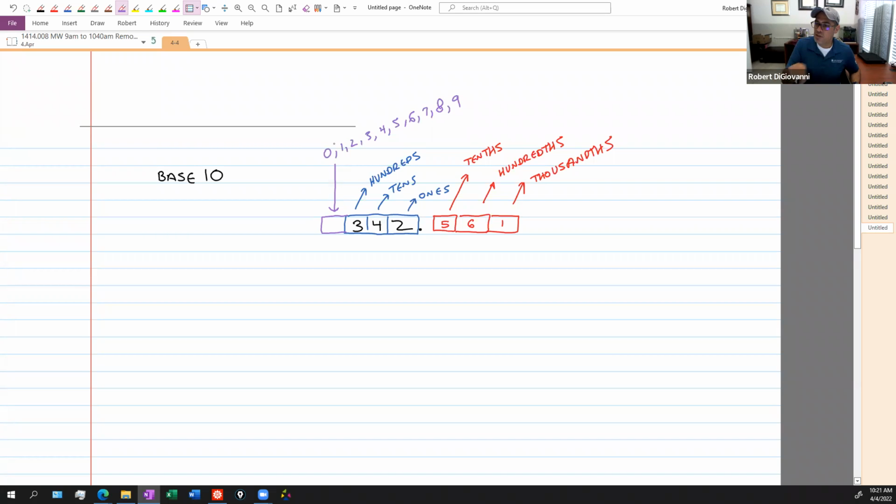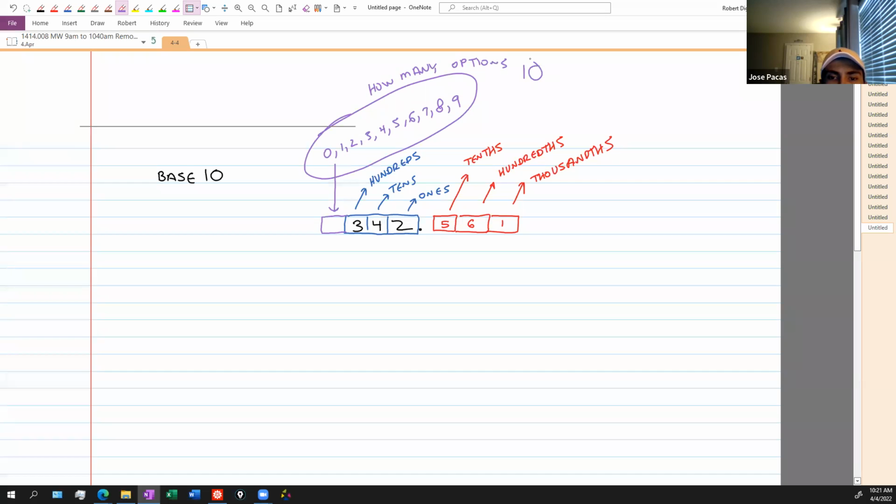Every single position in there can be filled in with one of how many things? So how many possible things are there here? How many options do we have? 10, right? We have 10 digits in our number system.